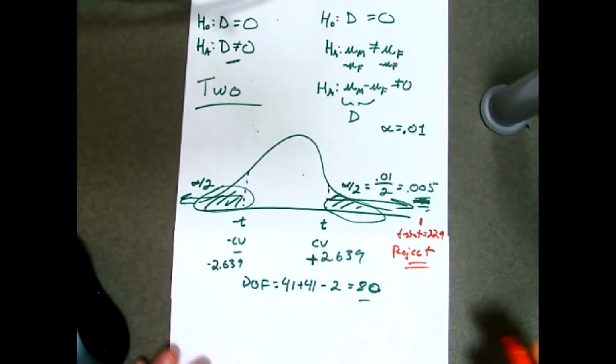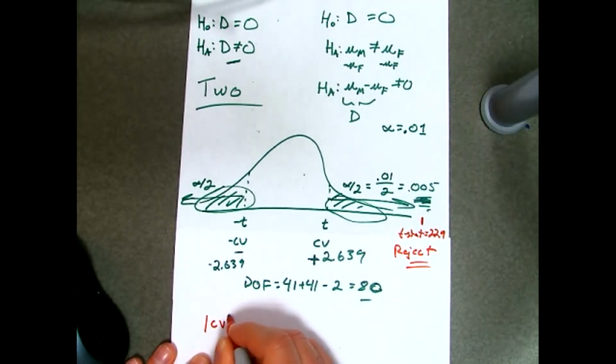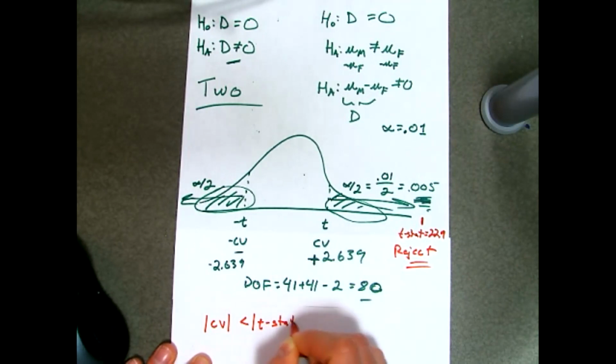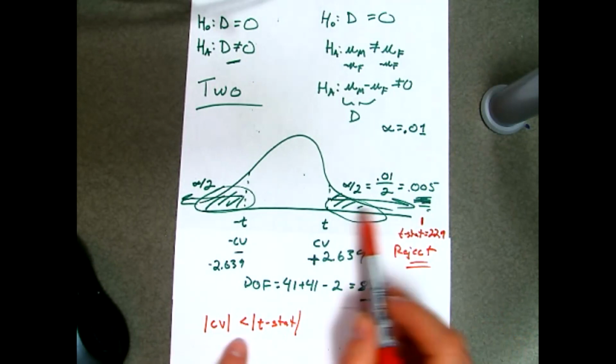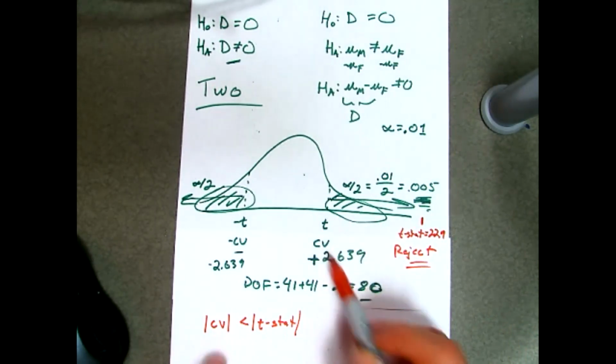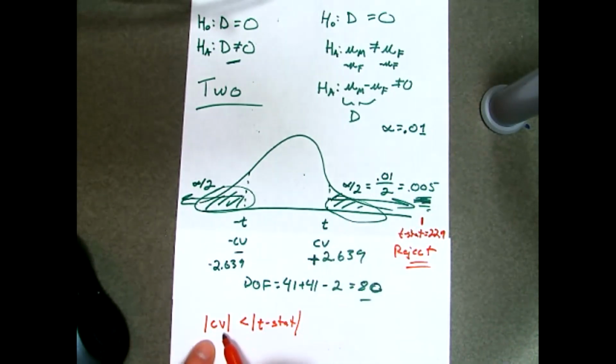Now, if I didn't draw out the visual, I can also remember that this equation will give me my rejection decision, which is if the absolute value of my test statistic is greater than the absolute value of my critical value, or this threshold number of standard deviations away cutoff I set, my sample evidence was an even further number of standard deviations away.